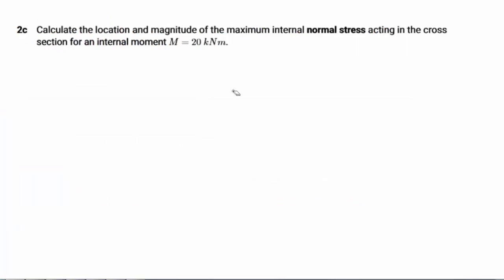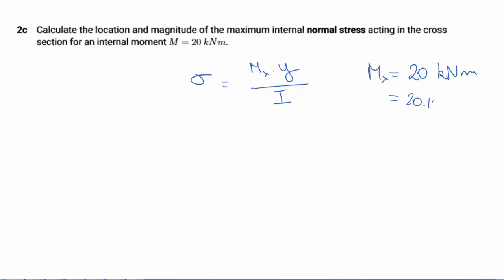Remember, the equation for symmetrical bending is sigma is equal to Mx times y divided by I. And in this case, as we stated that the moment causes a tension in a positive quadrant, Mx is equal to 20 kilonewton meters, which is of course equal to 20 times 10 to the power 6 Newton millimeters.